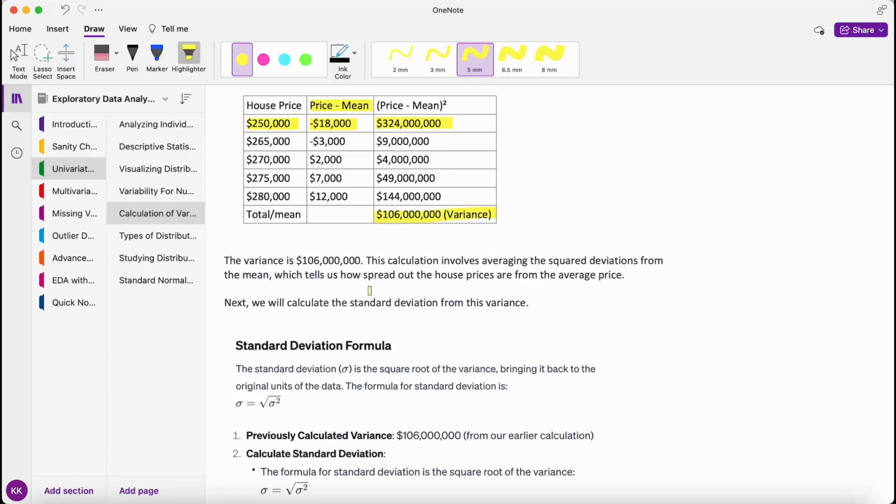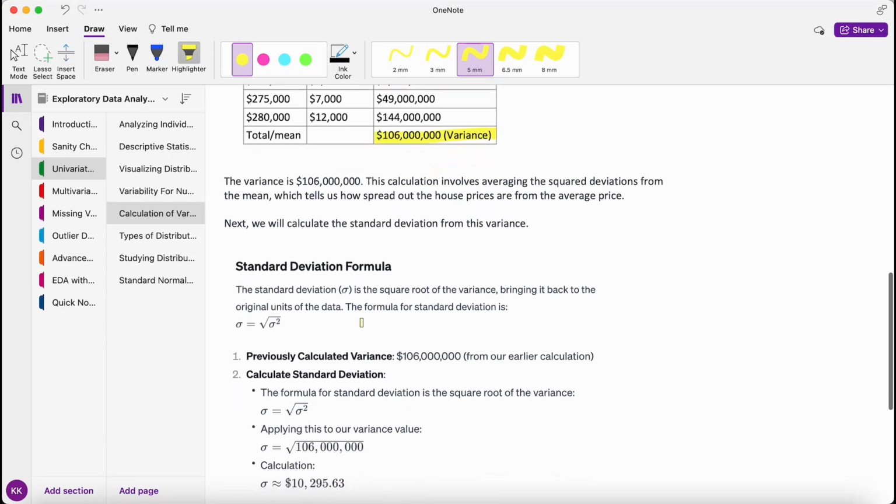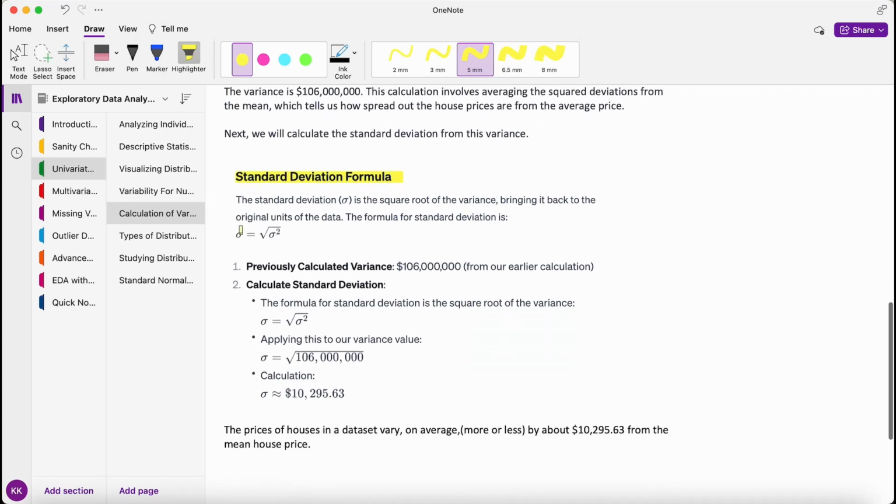Now let's see how we can calculate standard deviation. The standard deviation, sigma, is the square root of the variance, which brings our measure of spread back to the same units as the data. It gives us a more intuitive grasp of variability. For our house prices, taking the square root of the variance, we get a standard deviation of approximately $10,295.63.